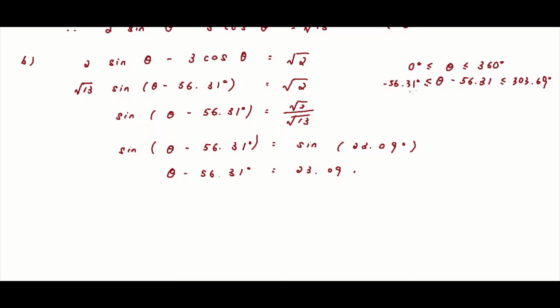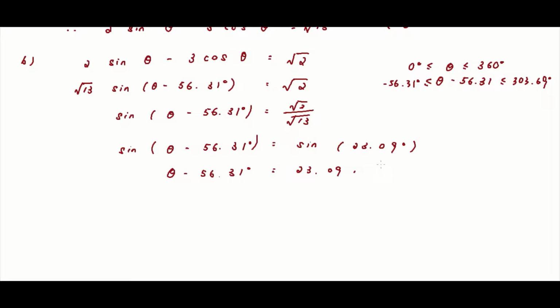Okay, so after you have got this, for this question it's still okay because you are dealing with sine. So let's say if this is cos, then meaning that you should take the one from the fourth quadrant also, because the range that you should take is from negative 56. But for this one, because you are solving sine, so positive only, first quadrant and second quadrant, although you have the range.